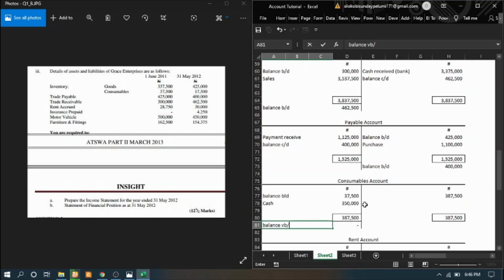So at the beginning of next year it's going to have a balance brought down, and the balance brought down will be 17,500.